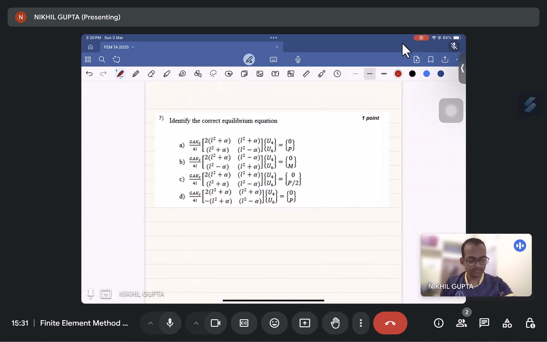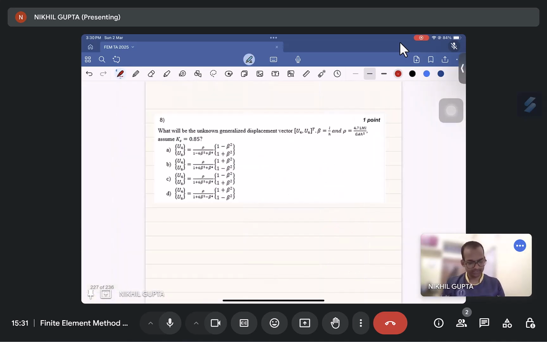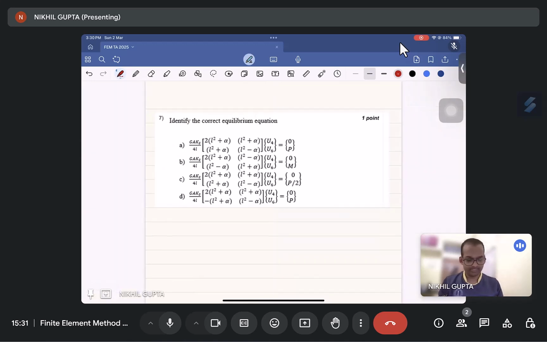About questions number 7 and 8, I told you in the last class that the diagram is missing, and I have already discussed these two questions, the seventh and the eighth, in the previous class, to tell you how to solve them and what the correct figure related to them will be.